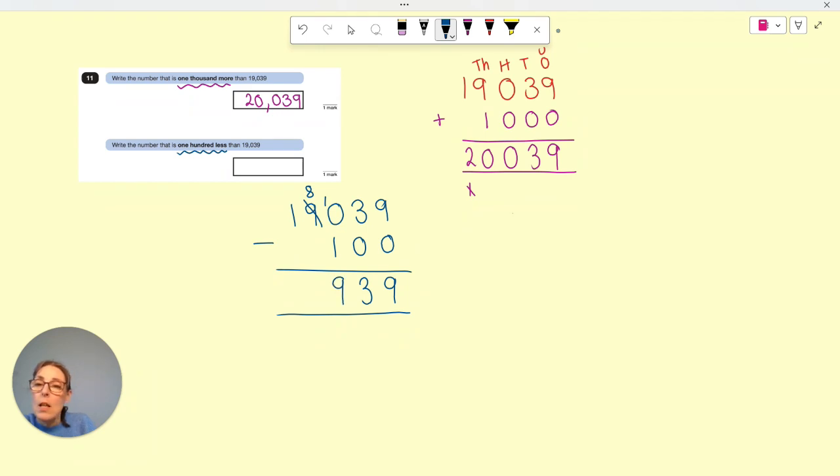8 take away, there's nothing there, so I'm going to, we could put zeros there because they could be placeholders, but we haven't got digits there. So 8 and 1. So I'm pretty sure the answer is 18,939.